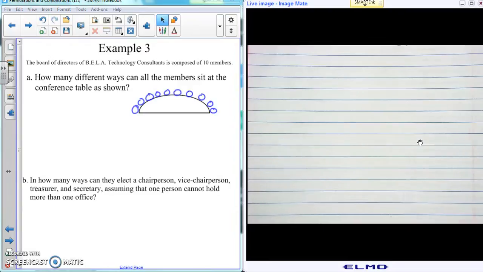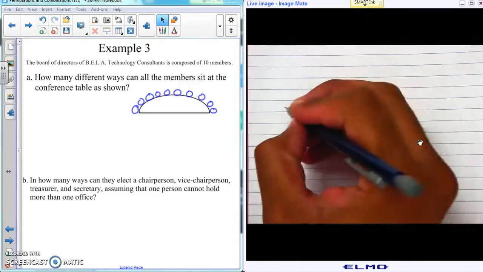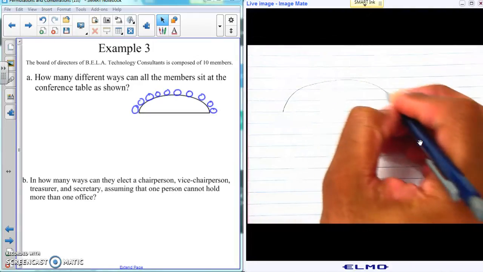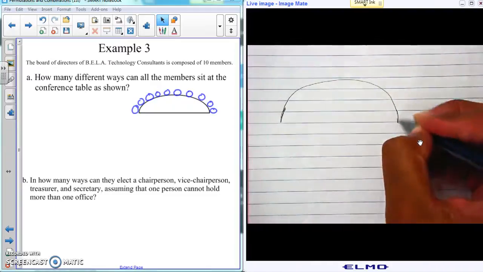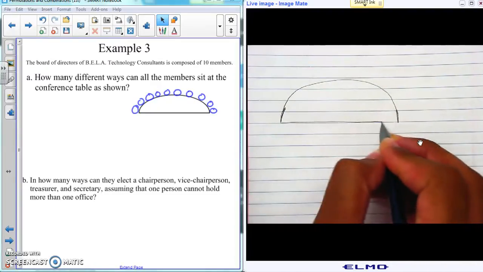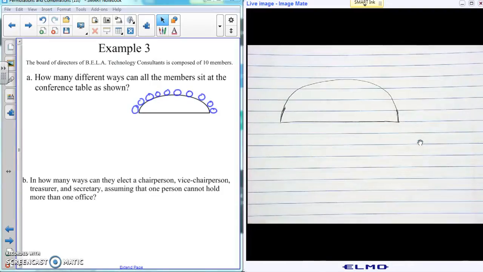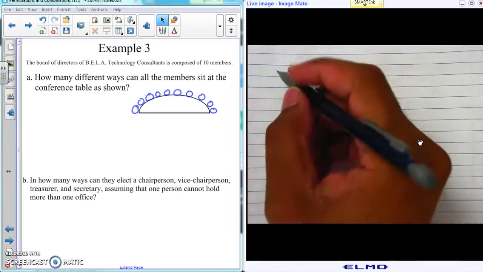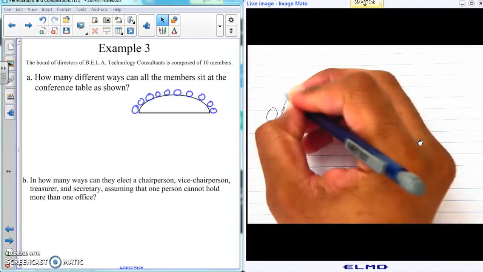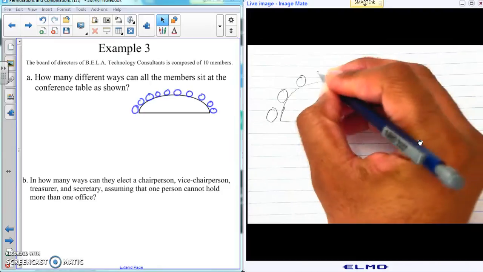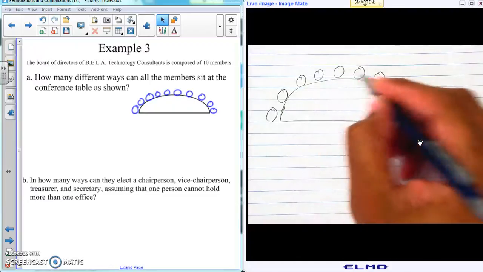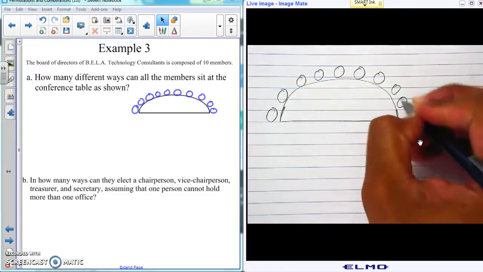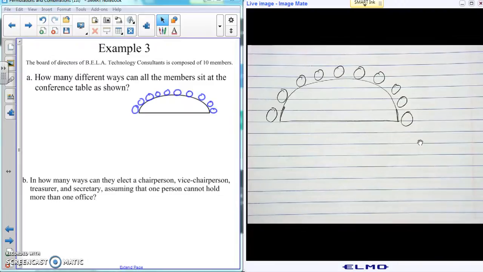Whenever we do a seating arrangement in the classroom, let's say I give you a brand new seat. If the order doesn't matter how I put you, then it's not a permutation. But looking at each one of these, if I put people in different spots, 1, 2, 3, 4, 5, 6, 7, 8, 9, 10, around this conference room table, there's 10 people.